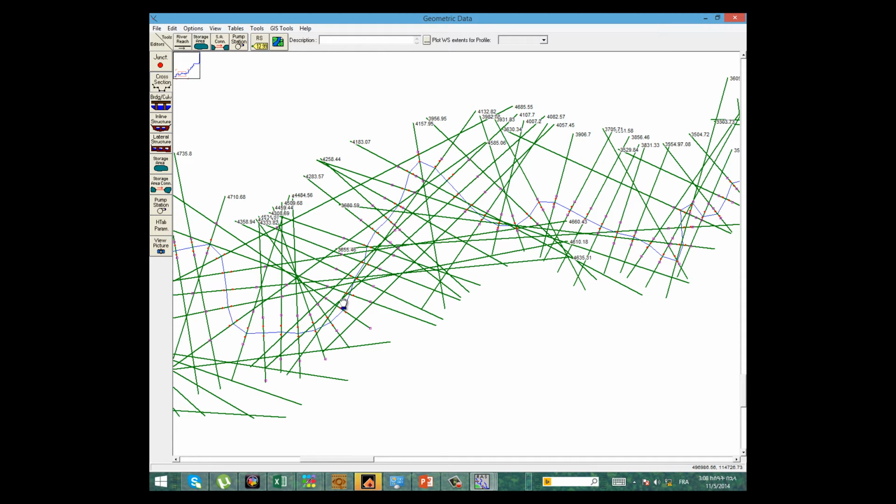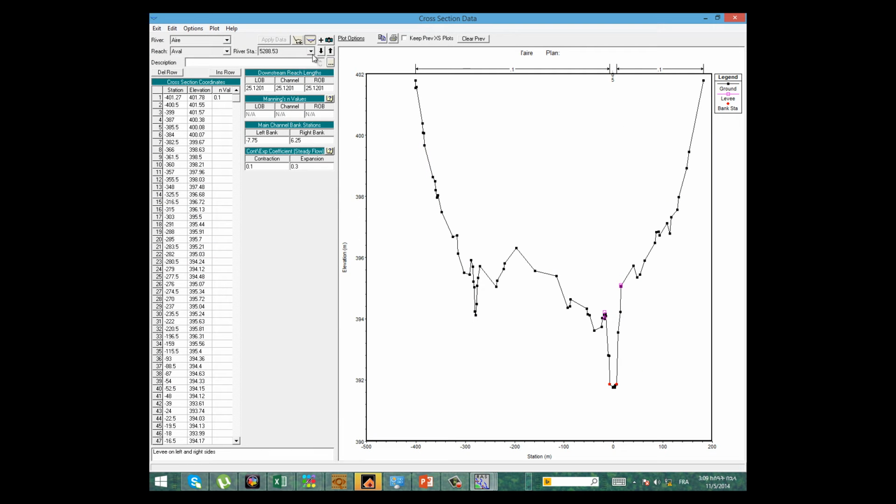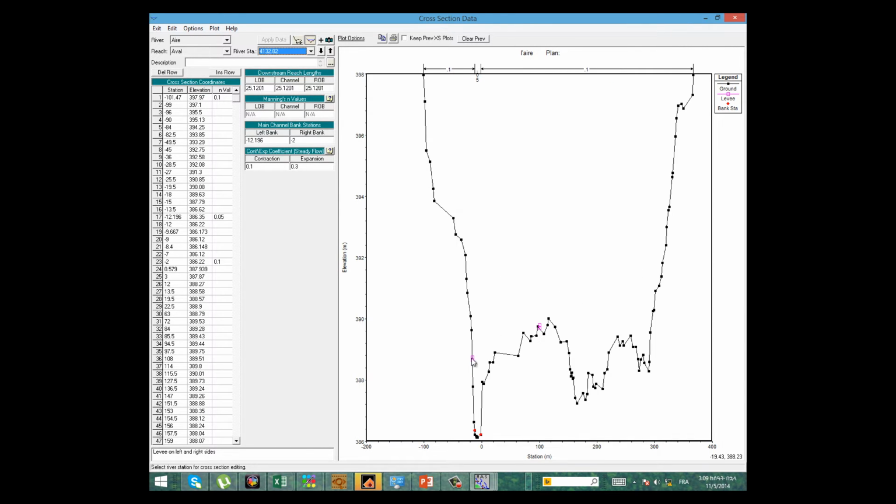So we have to indicate this in the software. For example, we can see 4132. See in the cross sections, we can see 413282. You can see here, this one is the real river, but we have these cross sections.